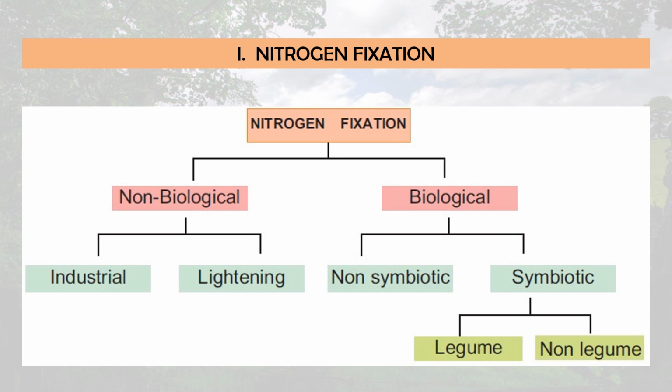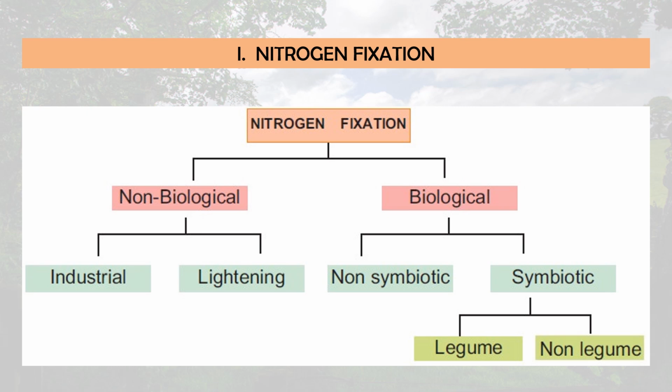Some include fixation by soil and water bacteria like azotobacterium, aerobic bacteria, and clostridium anaerobic bacteria. They are widely distributed in the soil, and they help in fixing the nitrogen of soil, and build up amino acids from which proteins are made.